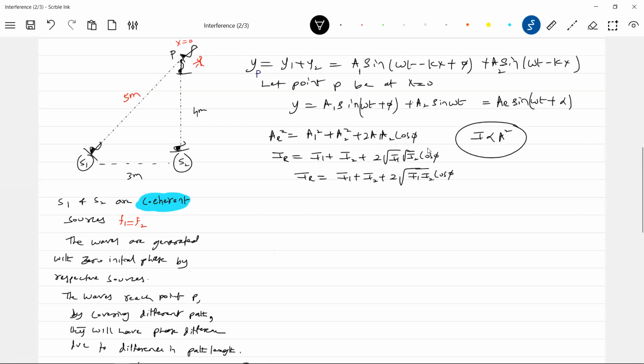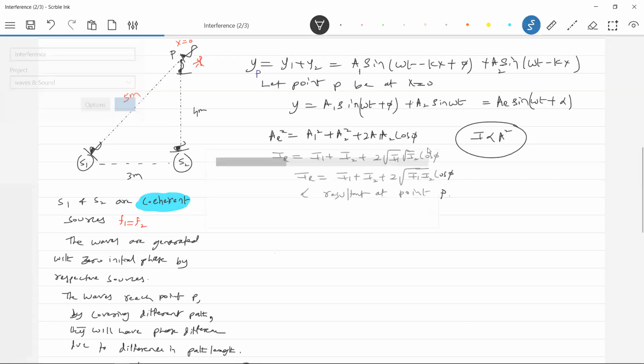So what is this IR, the resultant intensity at point P? The person standing at point P, what intensity of sound signal is he going to hear?